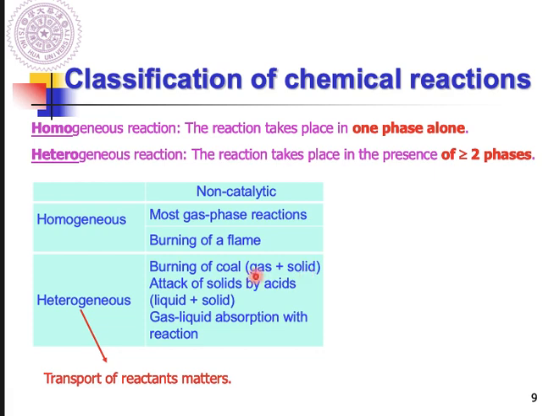So when you want to evaluate or estimate the reaction rate for this burning of coal, this heterogeneous chemical reaction, you cannot just simply consider the chemical reaction rate. You still need to additionally consider the transport time of the oxygen to arrive at the surface of this solid coal.